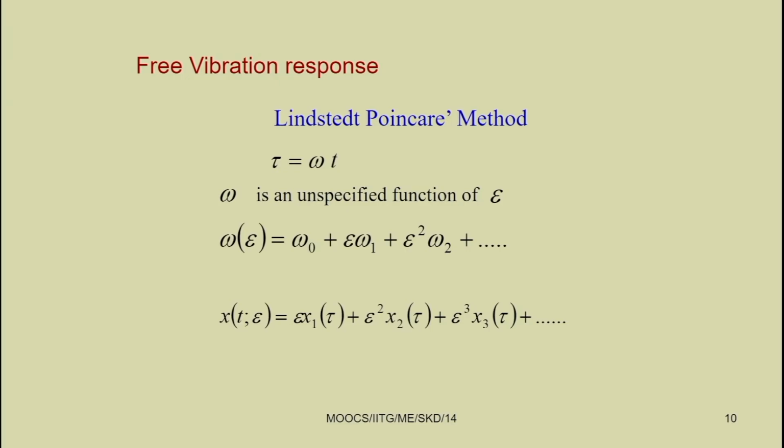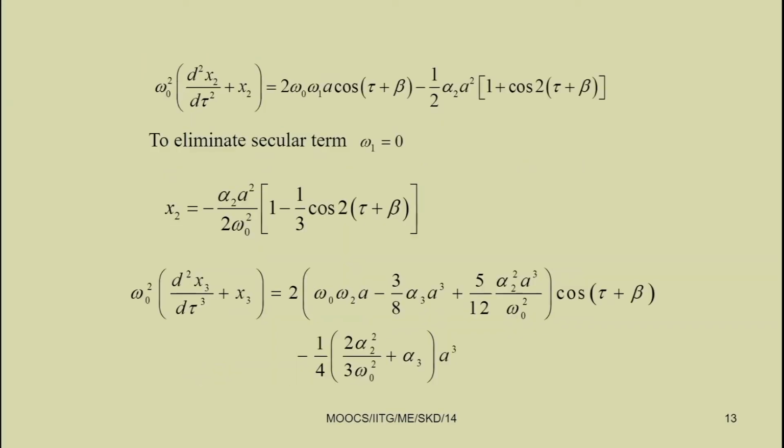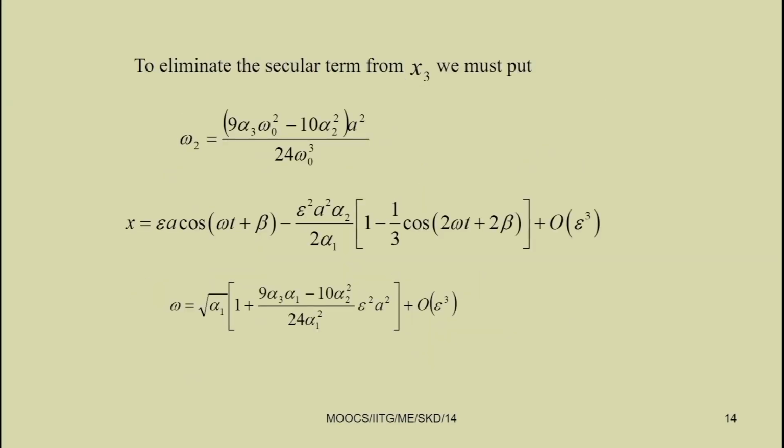Previously we used the Lindstedt-Poincare technique to find the free vibration response of the system. In that case we got the relation between these. You can see the relation between omega and, here root over alpha 1 is nothing but omega 0 square.